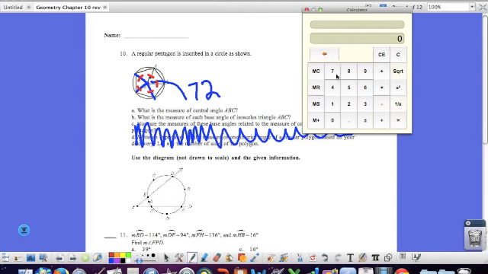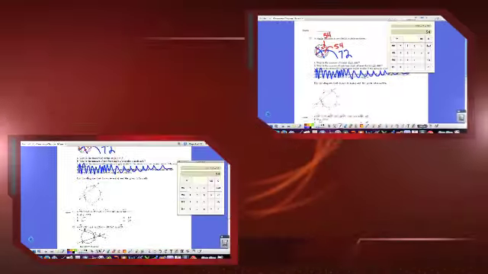The vertex angle is 72 degrees. So 180 minus 72 is 108. Divided by 2 is 54. So this is an isosceles triangle with a 72 degrees vertex angle and 2 base angles, each of 54 degrees.